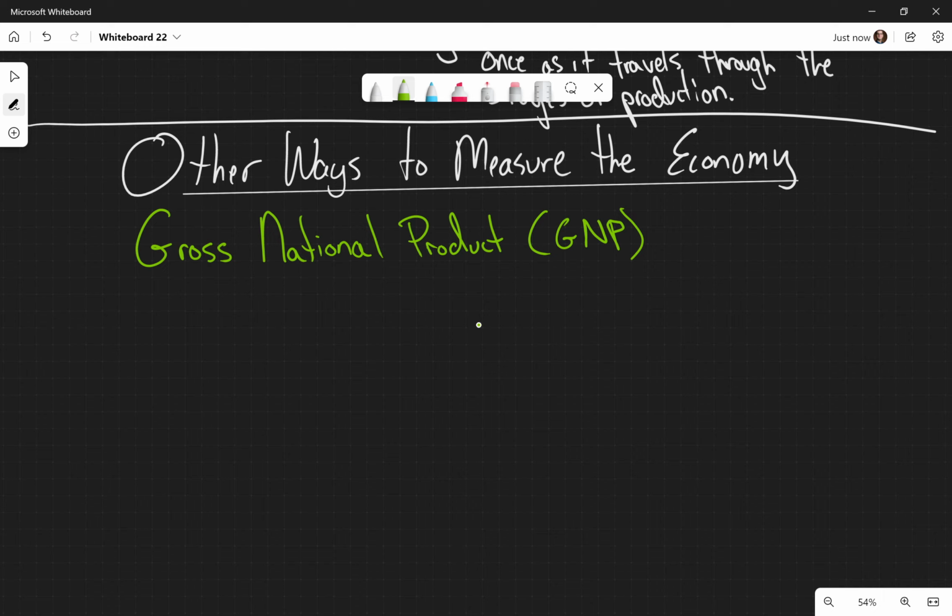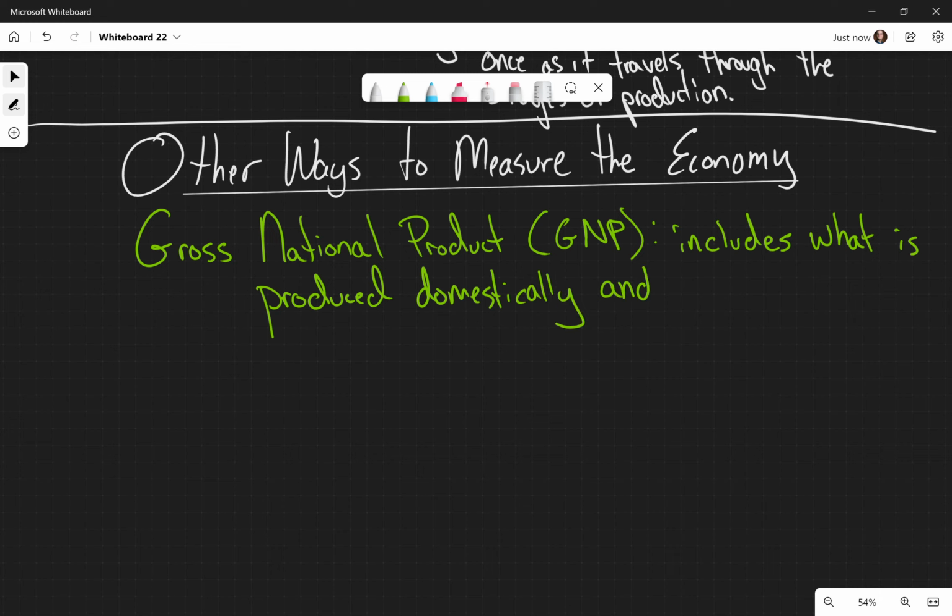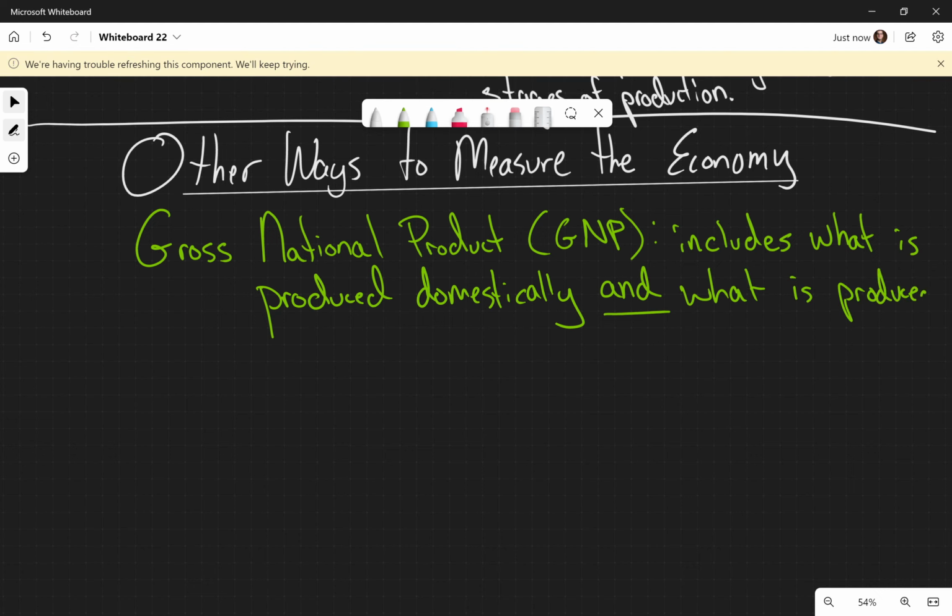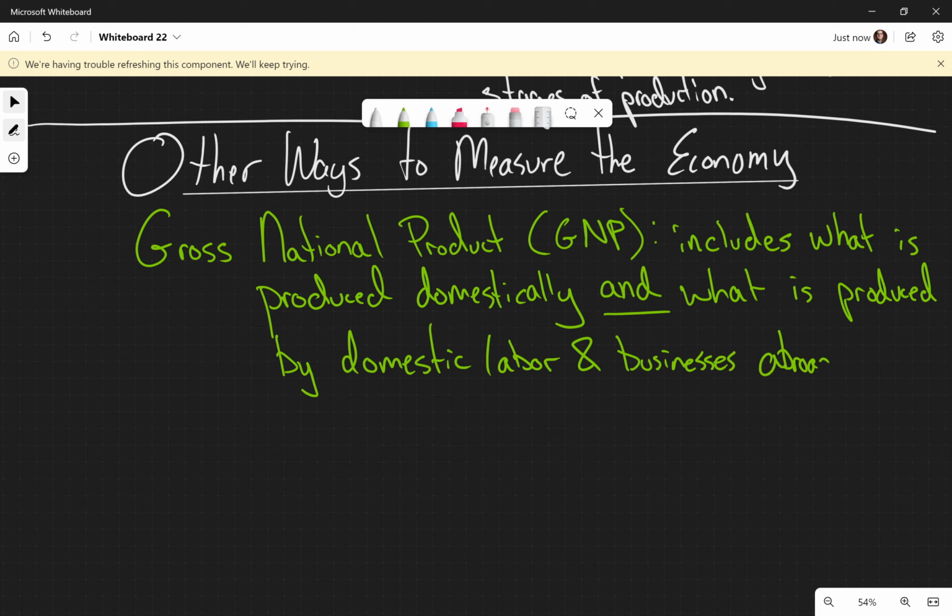Gross national product is similar to gross domestic product, except gross national product includes both what is produced domestically, as well as what is produced, and this is where it gets a little confusing, by domestic labor and businesses abroad in a year.